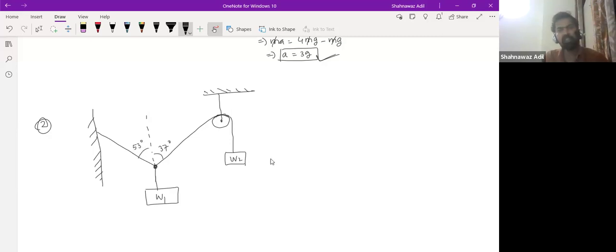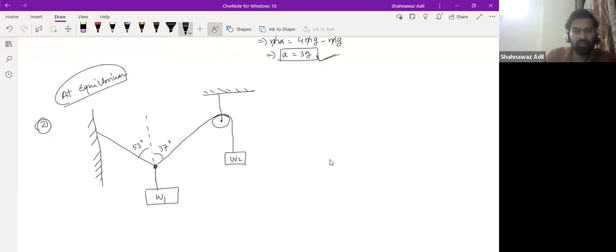And the important thing in this one is that this thing is at equilibrium. And you have to find out what is W2 by W1. Right.